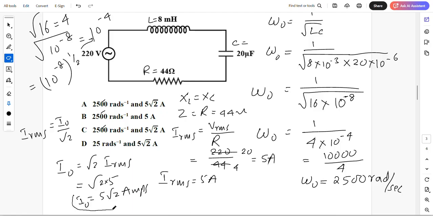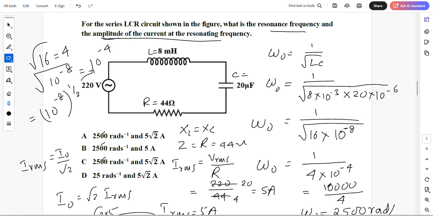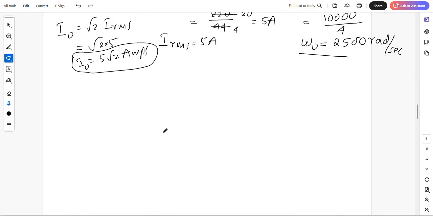You have to calculate I naught like this. The resonating frequency is 2500, and the amplitude of the current, I naught they are asking, not IRMS, is 5 root 2 amperes. You are supposed to tick this one. Now let us see the next sum.